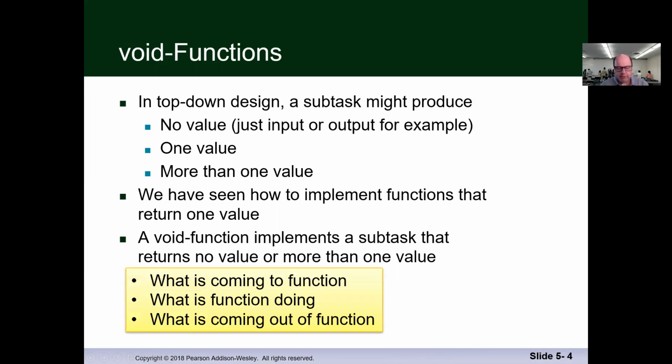Remember what we talked about in programming in general, and for functions specifically: we are talking about IPO. What is coming into it, what is it doing with it, and what is coming out of it. We talked about it for our program: what's coming into my program, what is my program doing, what is going out of it.